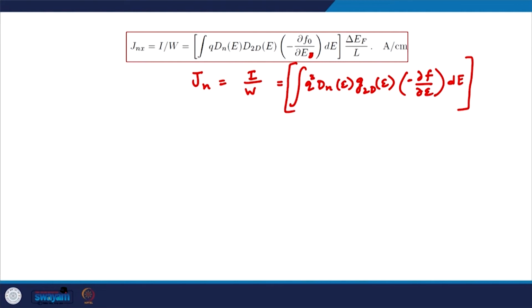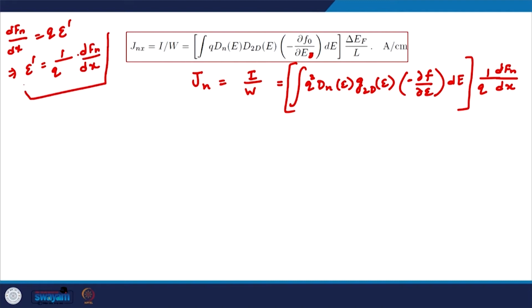Let's bring this q inside, 1 by q dFn by dx. And what we saw is that dFn by dx is q times E prime, where E prime is the electric field, which means E prime is 1 by q dFn by dx. So this is essentially the electric field in the bulk conductor.